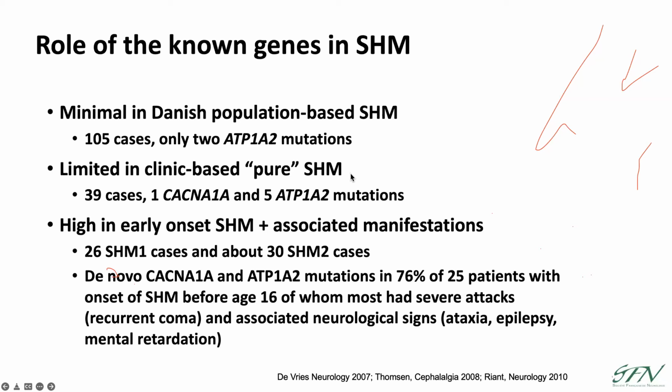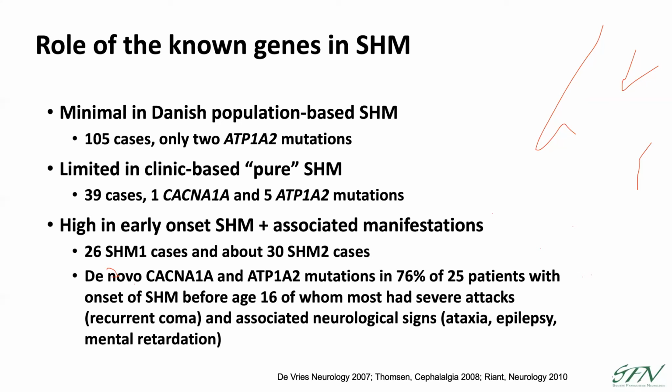That means people who have only hemiplegic migraine attacks, no epilepsy, no ataxia, no cognitive problems. But it is high when the age of onset of hemiplegic migraine is early, below 16 years of age.